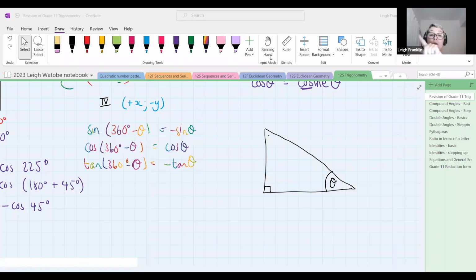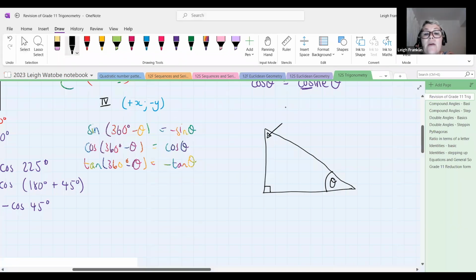Yes, those are the only co-ratios that we have to learn about. There we go. Well, not A, but theta. So this angle here, in terms of theta, is going to be 90 minus theta.